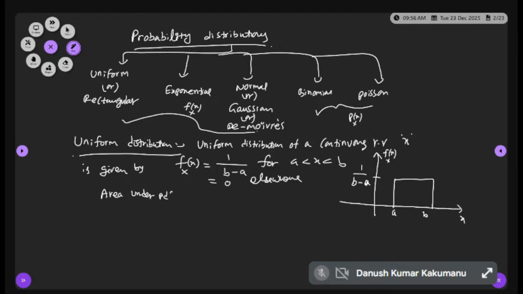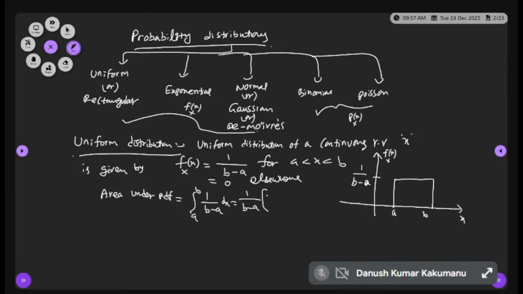Area under the PDF: integral from a to b of f of x, which is 1 by b minus a, dx. If this area is 1, then it is called a valid PDF. Bring 1 by b minus a outside.